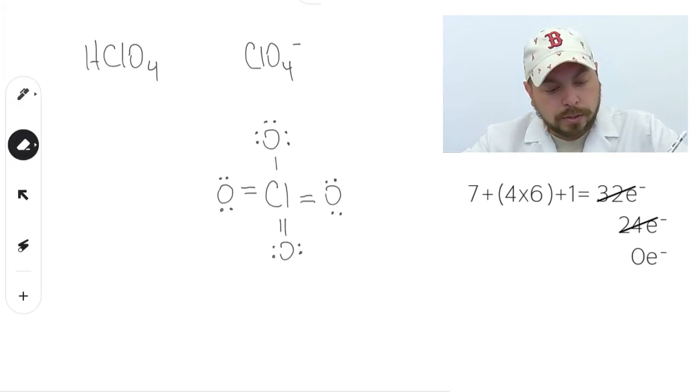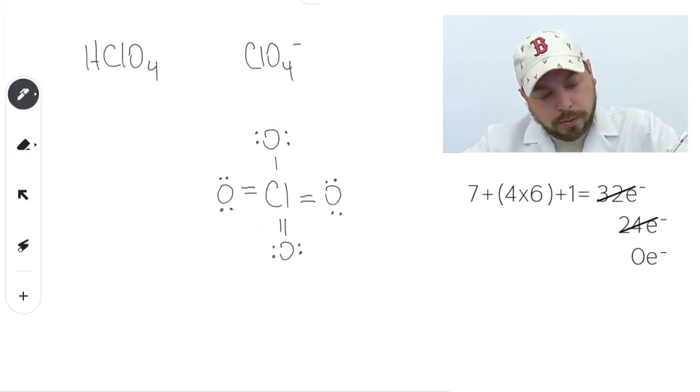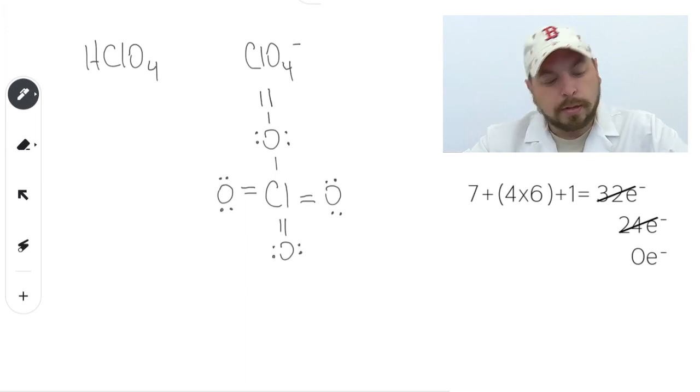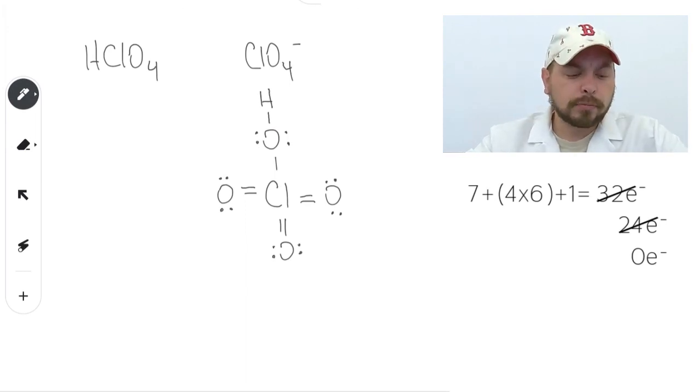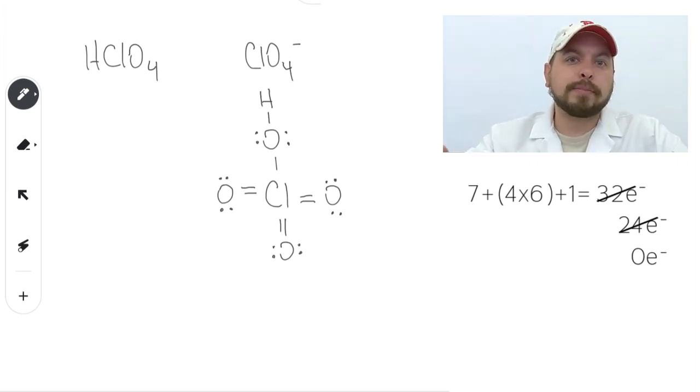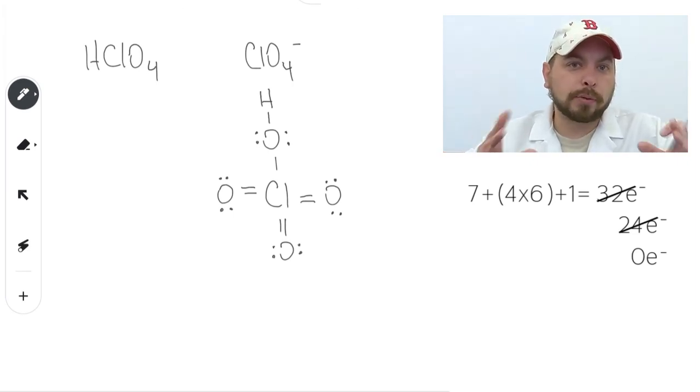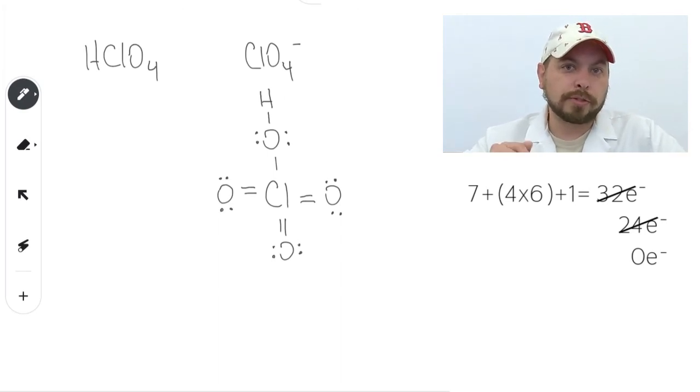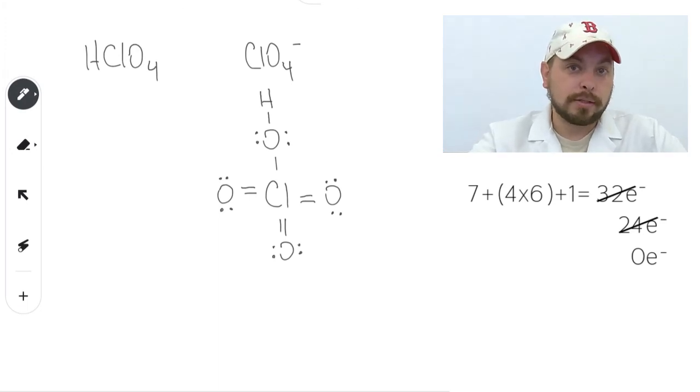And so essentially we're going to see the hydrogen bond to that oxygen. So when we're looking at perchloric acid, the fundamental understanding is that we start with the perchlorate ion, look for the oxygen with the negative formal charge, look for the oxygen that can accept a bond to the hydrogen, and that's where the hydrogen is going to go.